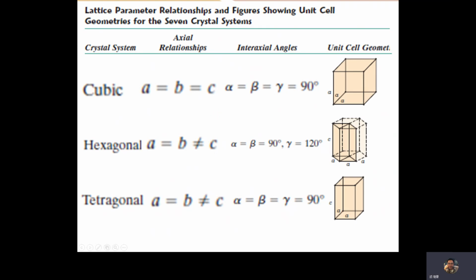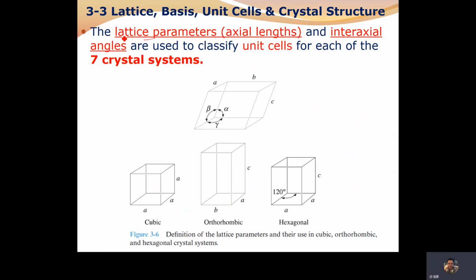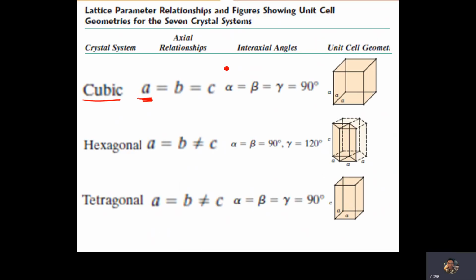For example, for the cubic system, the axial lengths, the lattice parameters, are equal, and the angles are rectangular. Basically it's just a geometric issue.